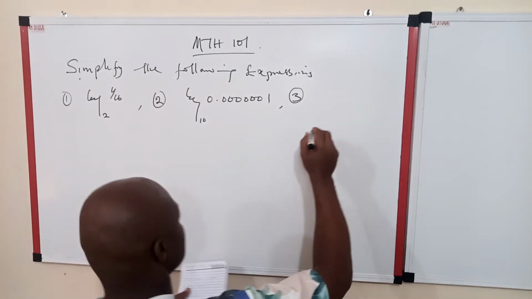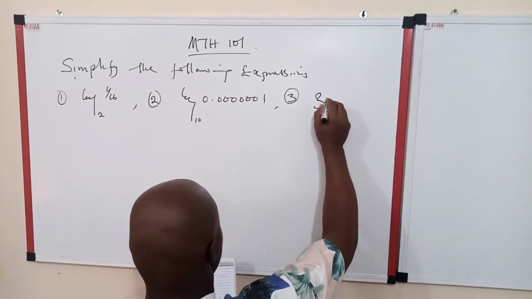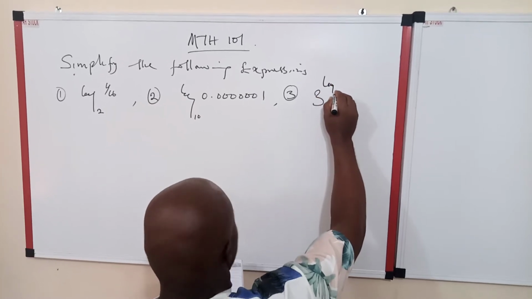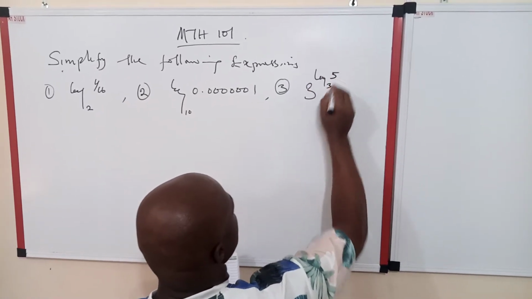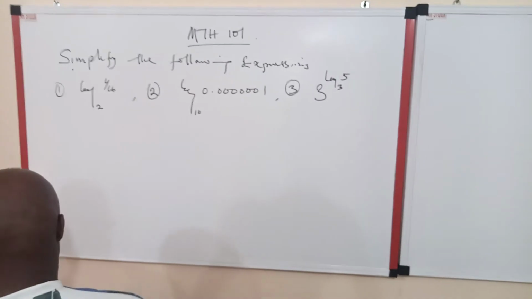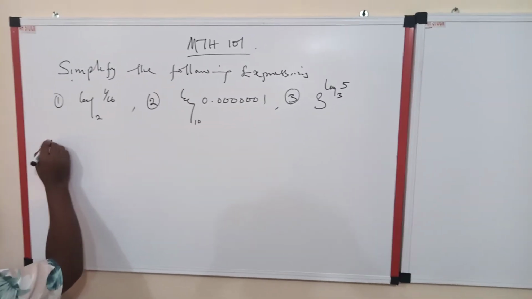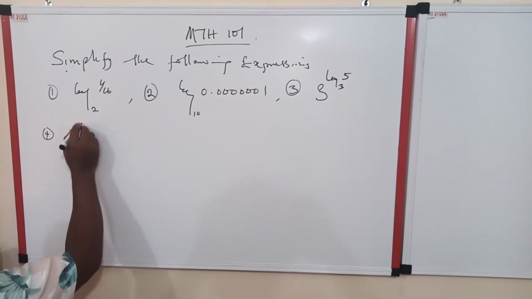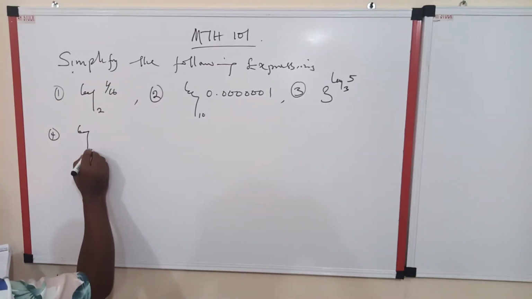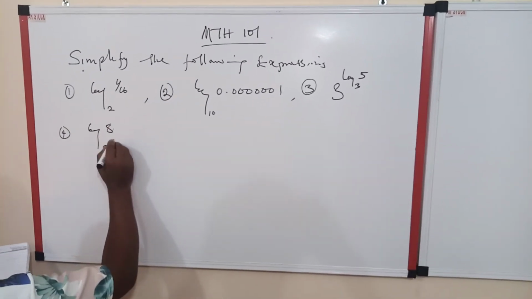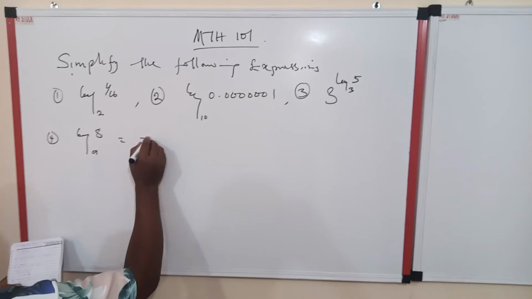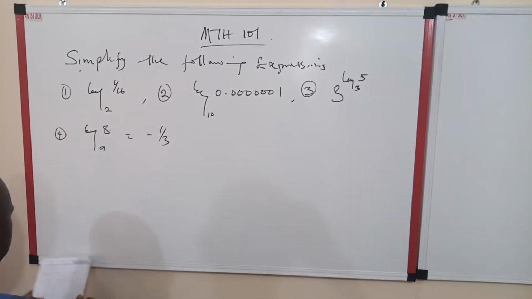Let's consider simplifying the log of 3 of this. 4. Let's consider simplifying log in base 8 of 1 all over 3.